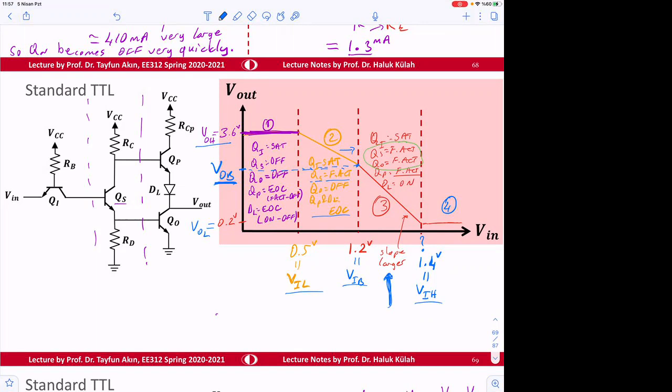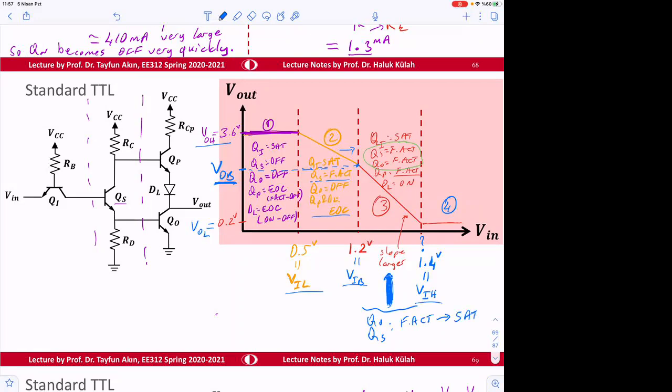Yes. Okay. So this region is a transition point, and then QS and QO go from forward active to SAT. Okay, here QO and QS start from forward active to SAT.